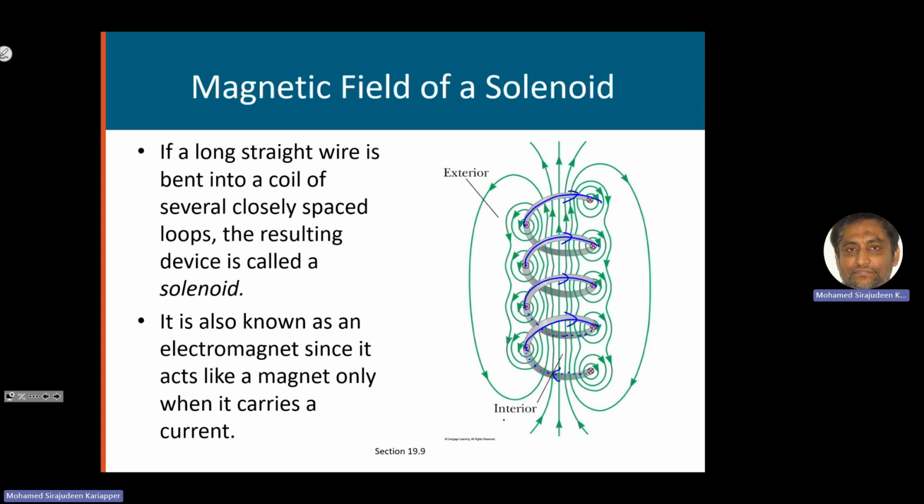Take a coil like that, cut it in the middle. So some part is out of the board, some part is behind the board. What I show in the dotted line is what is behind the board. The current is coming like that. When it comes out of the board, the current is going like that. So it is flowing in a certain direction.